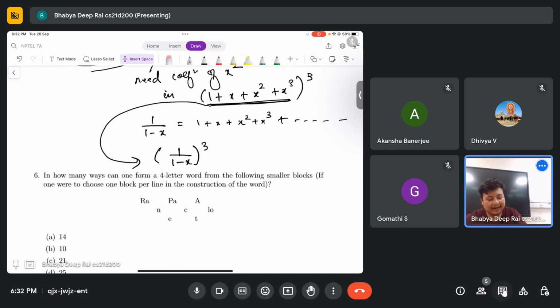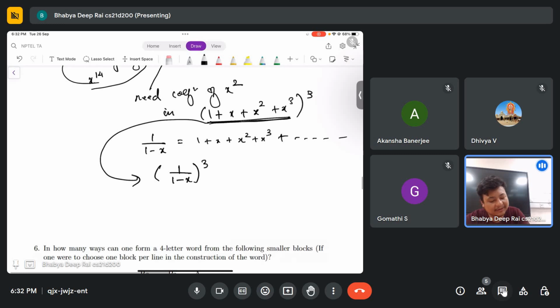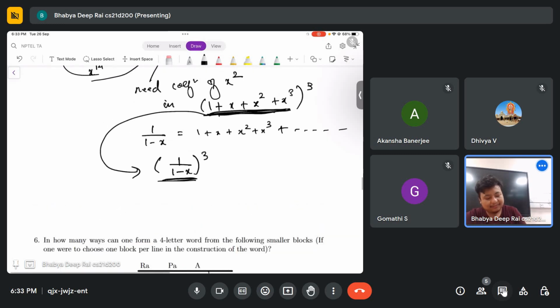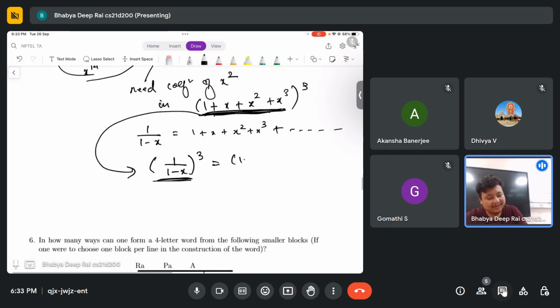Okay, and this will work. Why? Because the first few terms of the sequence that it generates will be same as this, but mind you, it will not always work, and there are examples later on where it will not work. Okay, but anyways, this is substituted by this particular generating function. Now this is nothing but 1 minus x whole to the minus 3.